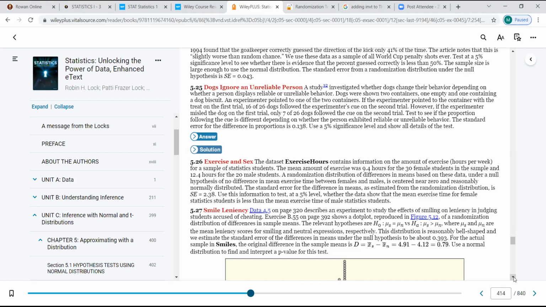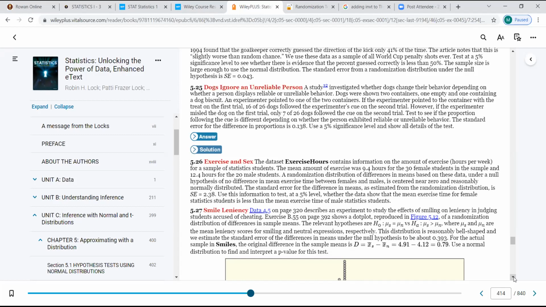That's group 1, and then group 2 is if the experimenter misled the dog on the first trial, only 7 of the 26 picked the one with the dog biscuit. All right. Okay. So 16 out of 26 for the first group, 7 out of 26 for the second group. Those are the 2 proportions.